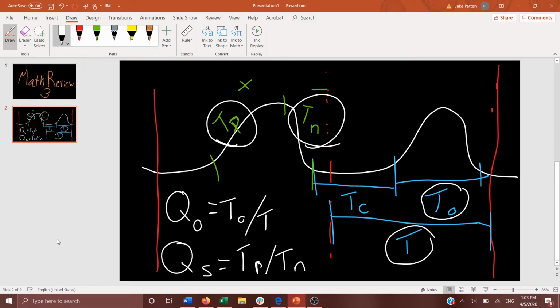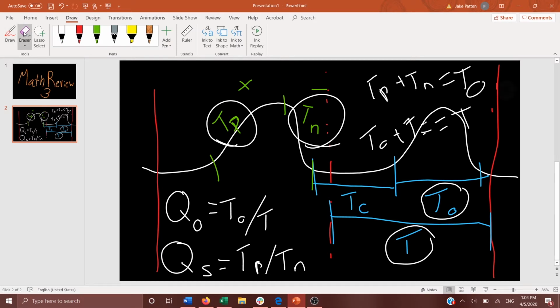And it should come as no surprise that T sub P plus T sub N equals T sub O, and that T sub O plus T sub C equals T, right? So the time positive plus the time negative is the entire time that it's open, and the time open plus the time closed is the entire period of the speech waveform. Okay, great. So that's pretty easy.